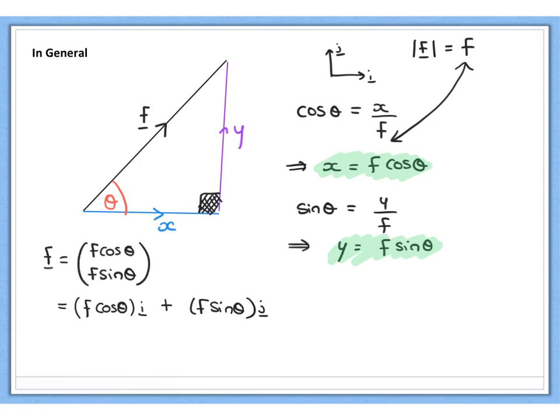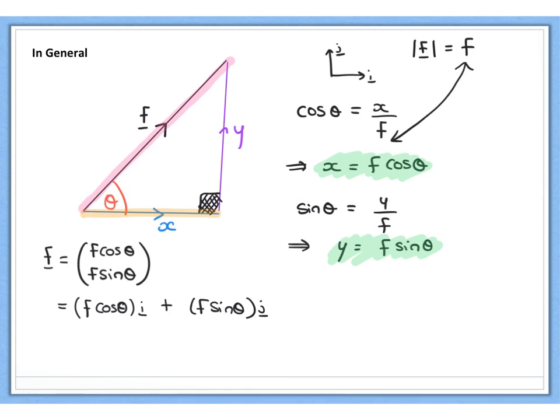Now the idea is you simply look at the hypotenuse, which is the magnitude of your force, F. You look at the horizontal component and you ascertain whether it's going to be adjacent to or opposite from the hypotenuse.